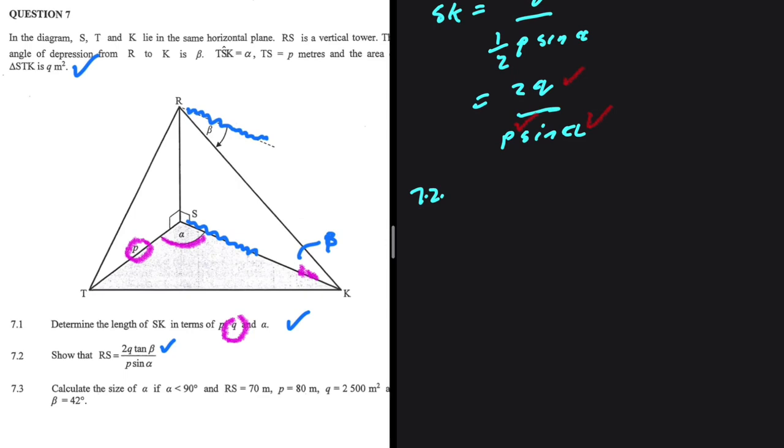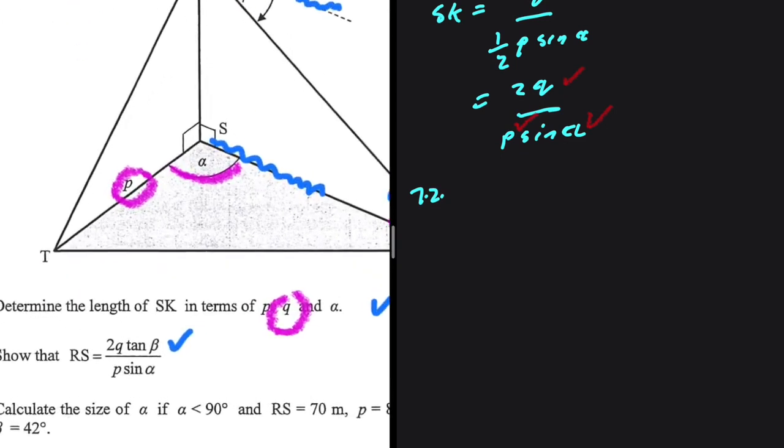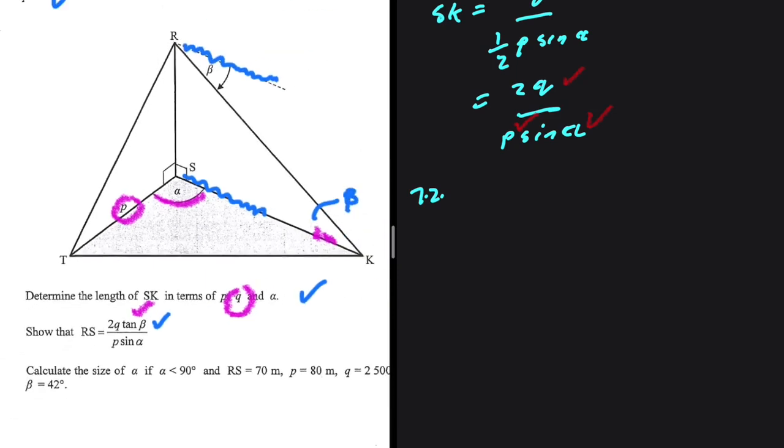If you look at triangle RSK, we have a right-angled triangle, so we can use our trig ratios: tan, cos, and sine. In our solution, we have tan of beta, so it makes sense for us to start by trying tan and see if we get to the correct answer. Tan theta is equal to the opposite divided by the adjacent.